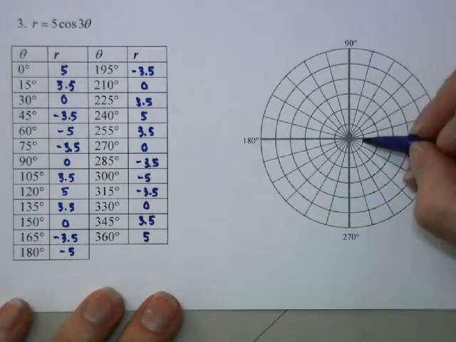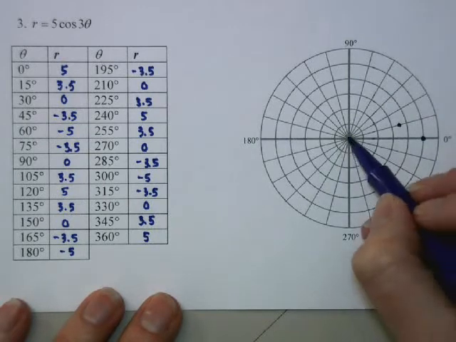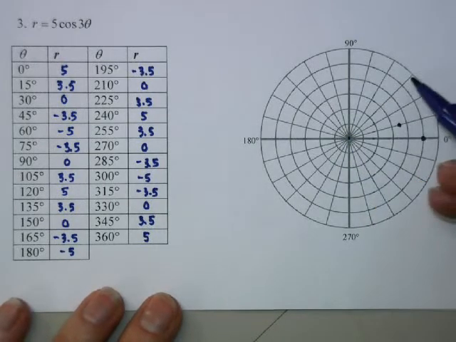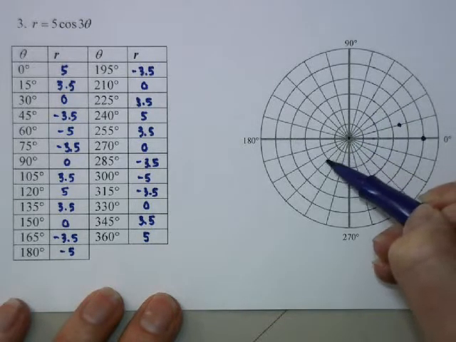So 0 is out 5. 1, 2, 3, 4, 5. The next one is 15, so we're going to be out 3.5. Then we're at 0. 45 degrees, which is this one right here, we're plotting negative 3.5.